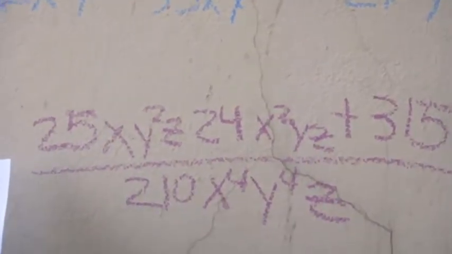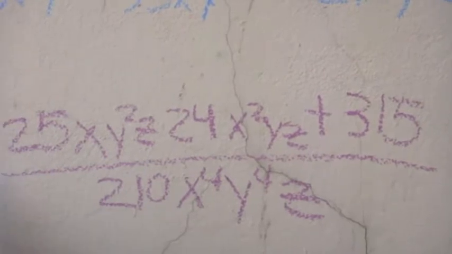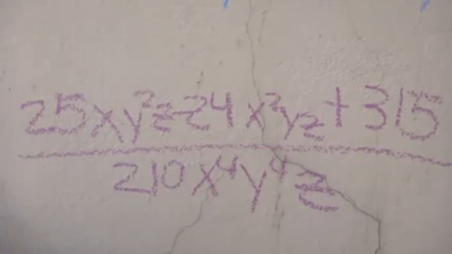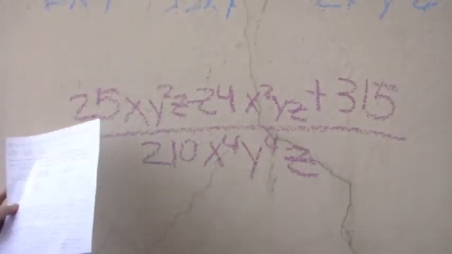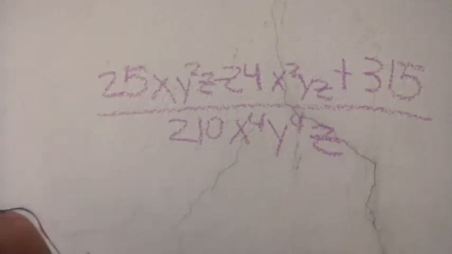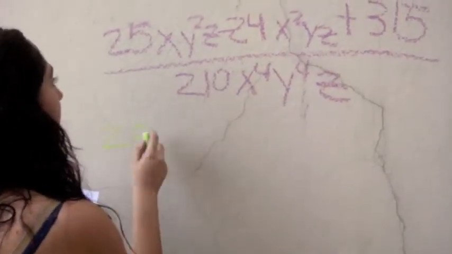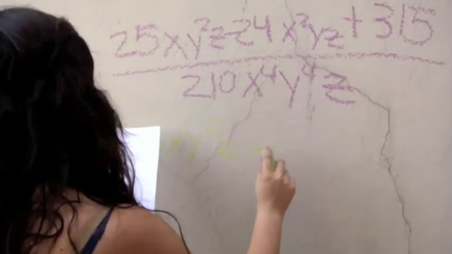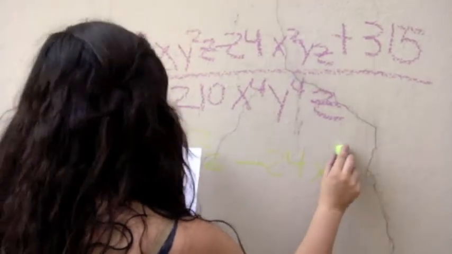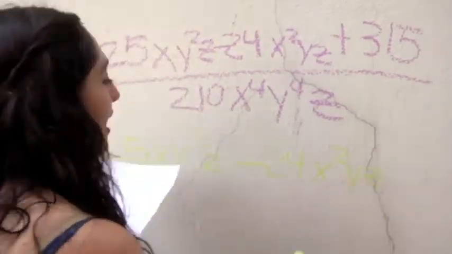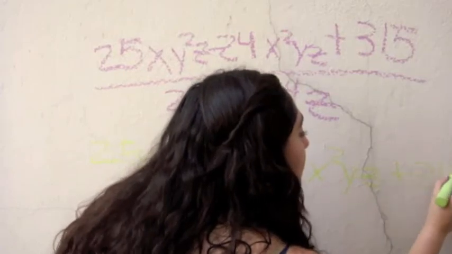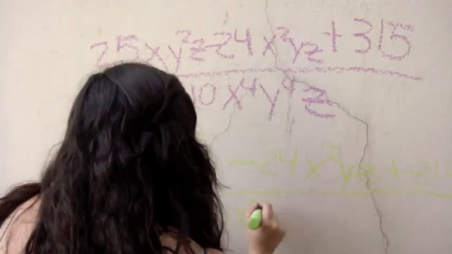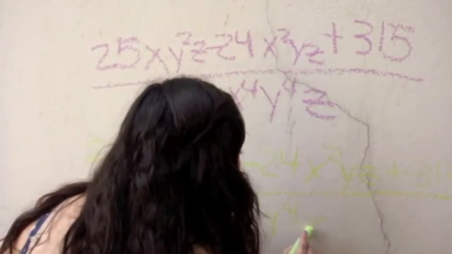So after we have the fractions with the least common denominator, we add and subtract like terms. But in this problem there are no like terms, so the answer would be 25x y squared c minus 24x squared yc plus 315, all over 210x^4 y^4 c.